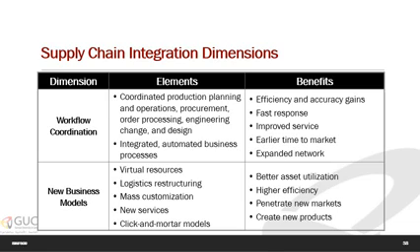Workflow coordination refers to streamlined and automated workflow activities between supply chain partners. Here, integration means what we could do with shared information as well as how. For example, procurement activities from a producer to a supplier can be strongly coupled so that efficiencies in terms of accuracy, time, and cost can be achieved.